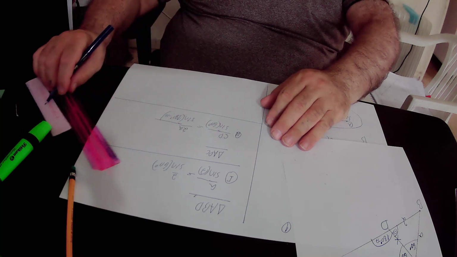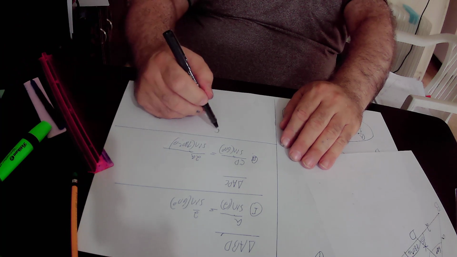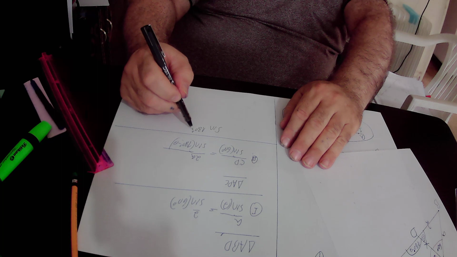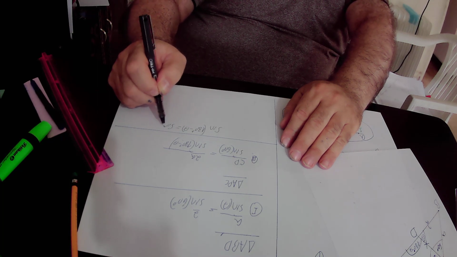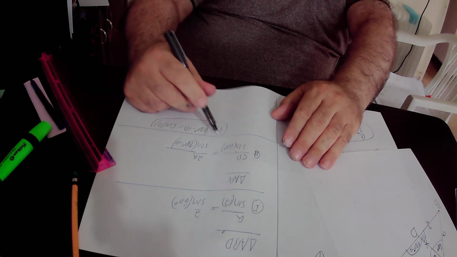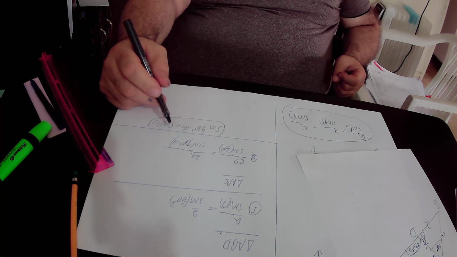But we have the trigonometric identity: sine of 180 degrees minus theta equals sine theta. That is to say, we can substitute sine of 180 degrees minus theta in equation number 2 by sine theta.